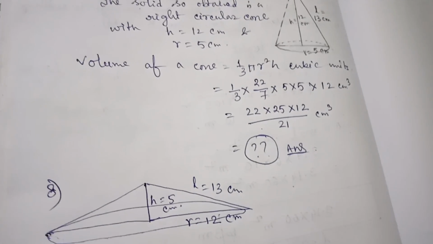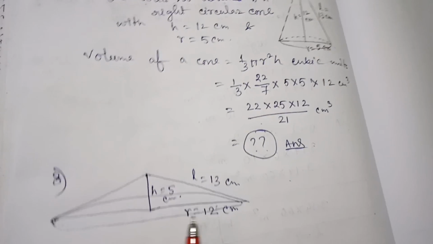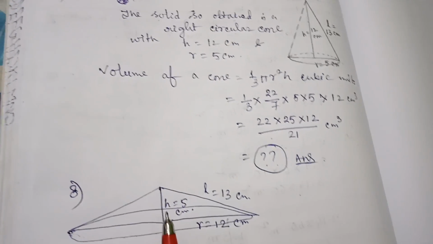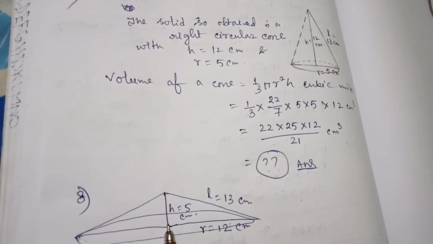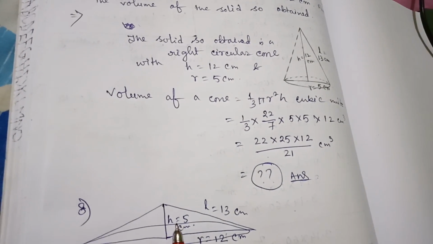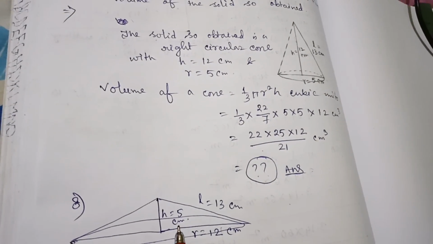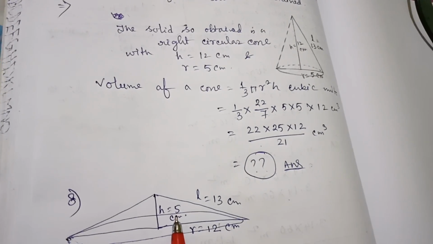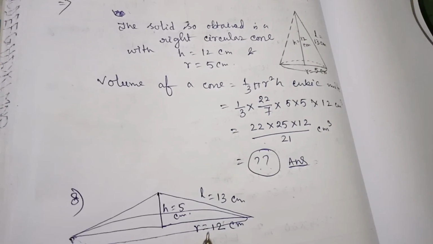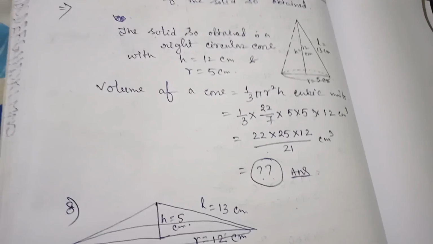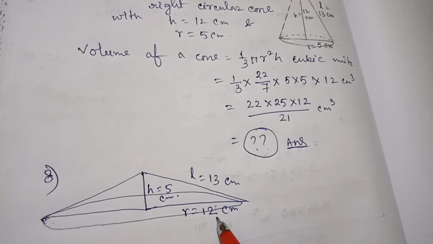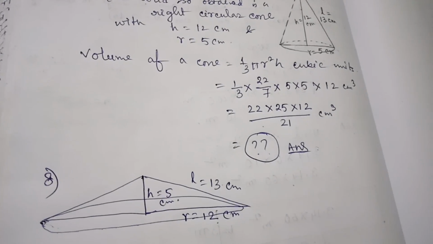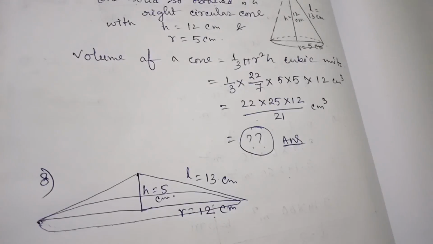Why this type of figure? Because now in question number 8 it is told that you have to revolve the triangle about the 5 centimeter side. That means the 5 centimeter side is the axis. So the axis will be the height and the base radius will be the other side, that is 12, and l will obviously be the hypotenuse.